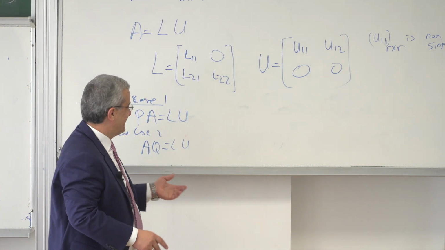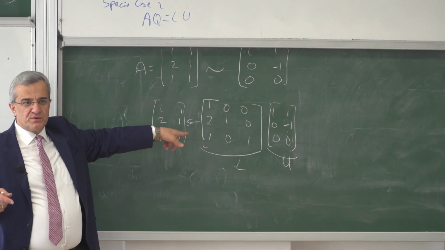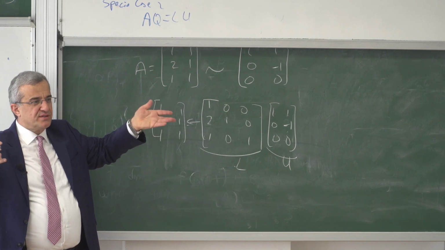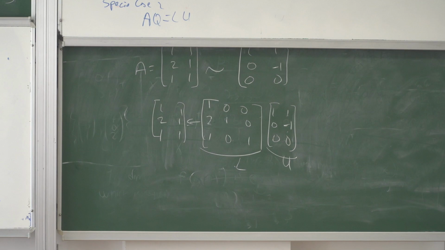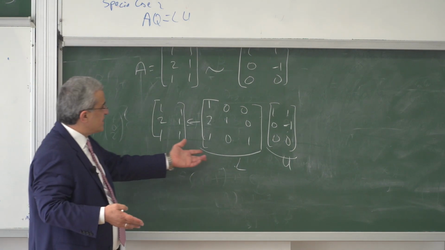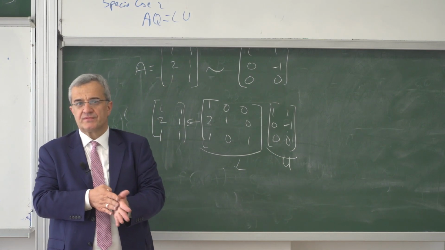I hope probably all of you were somehow stuck with this, that suddenly this guy started using LU decomposition for a rectangular matrix. What's going on, right? So this is L and this is U. Are you convinced now? Okay.